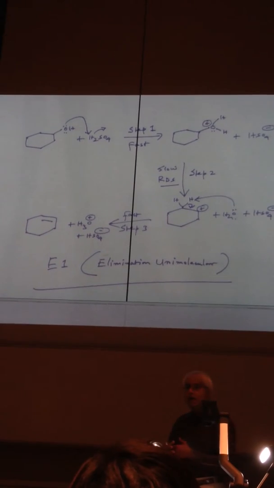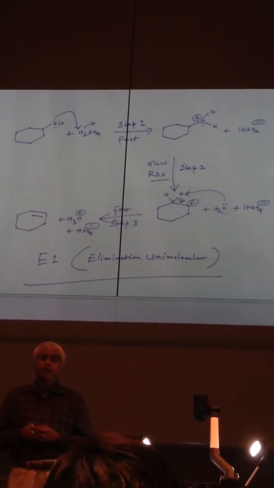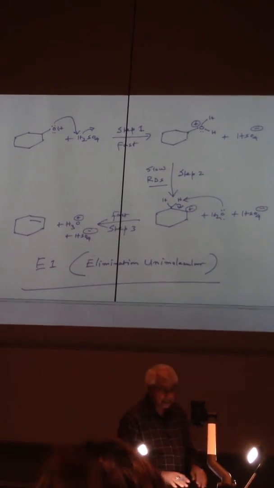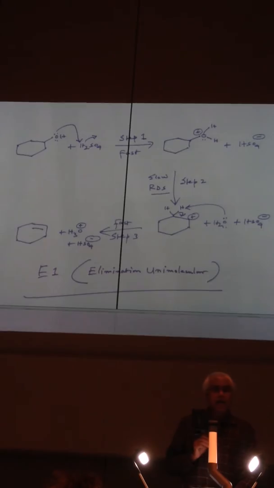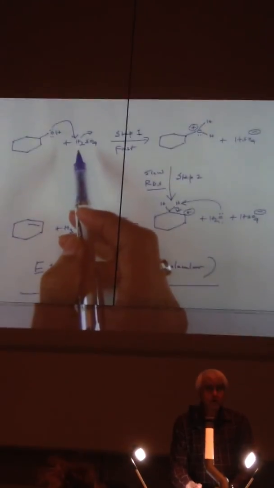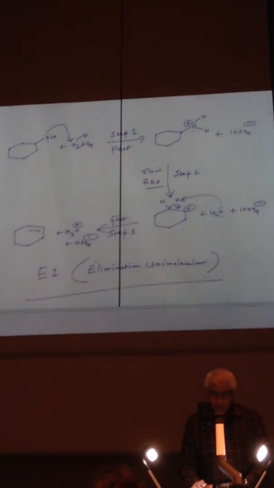And so the rate curves are also kind of similar in the way that you first get from the attachment of the alcohol, you get a protonation first, which then goes to a second step, which has a high energy barrier to generate the carbocation, and the third step again is quick.